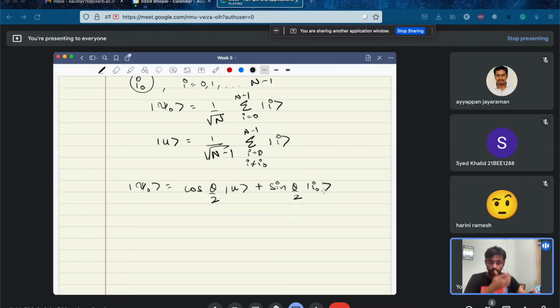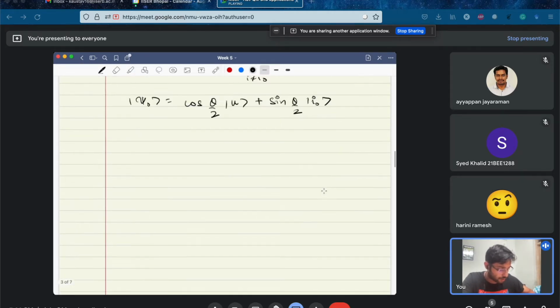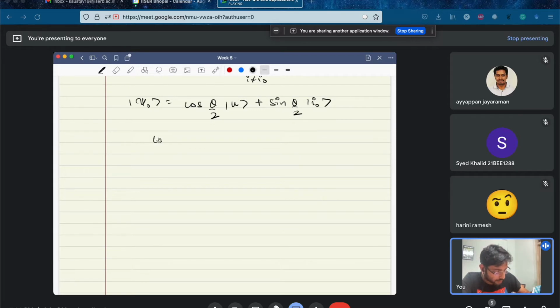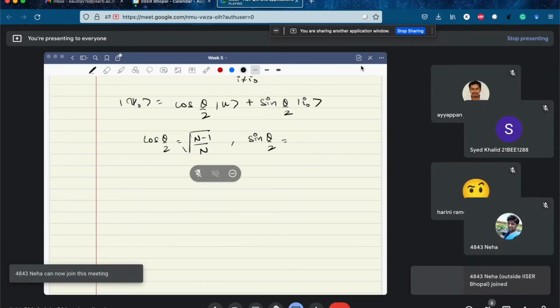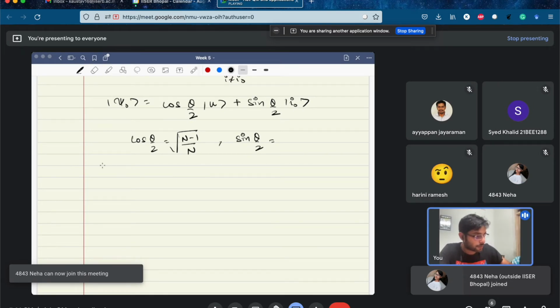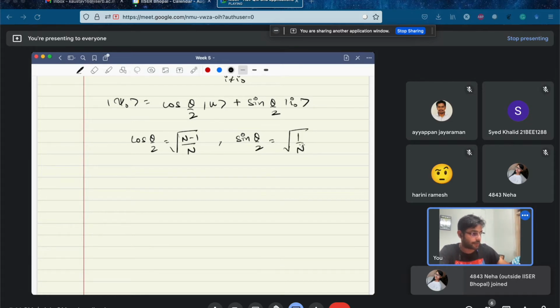This might not seem very obvious, so let me show how it's possible. Let me write the values also. Cos theta by 2 is essentially root of n minus 1 over n, and sine theta by 2 is root 1 by n. It's not very complex, so you can just see it directly.